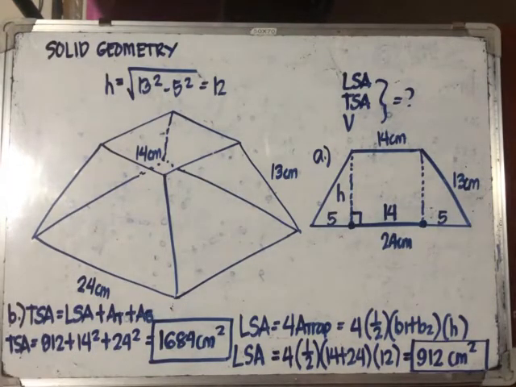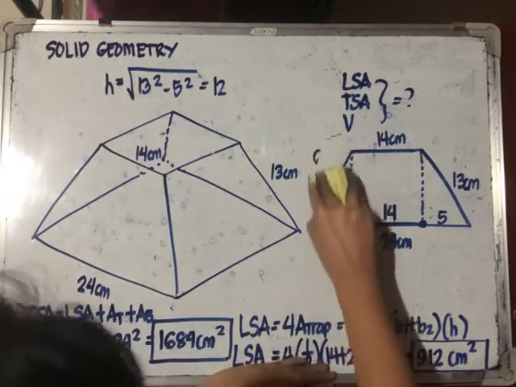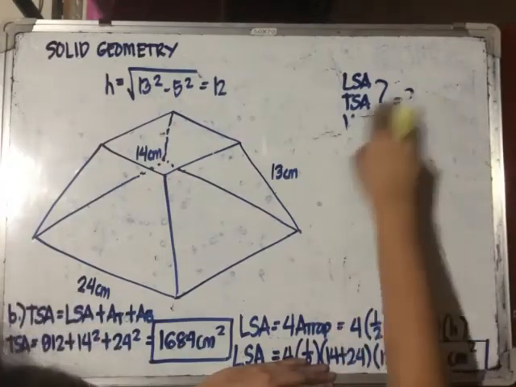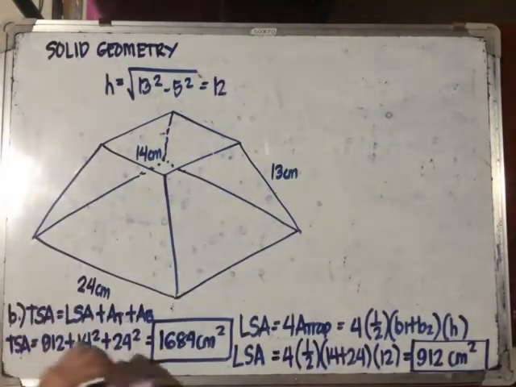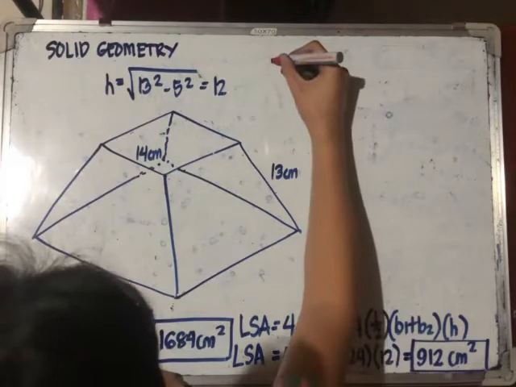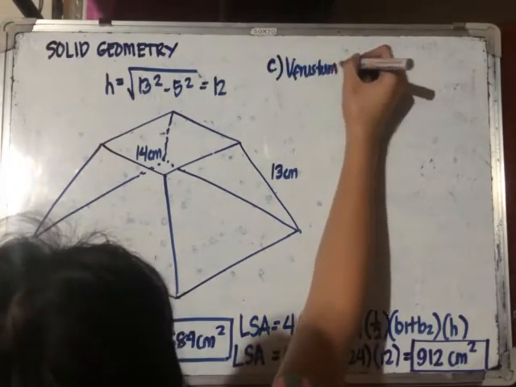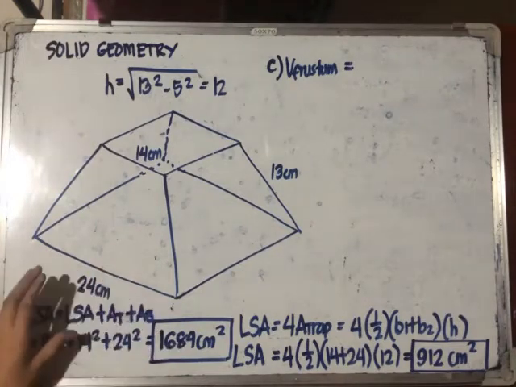Okay. Then last question is, what is the volume of this frustum? The volume of this frustum, that is a bit challenging because of a certain variable that we need to compute. So, kung meron tayong frustum, paano mo ba masasabi na frustum ang isang figure if you have similar bases that are parallel to each other?